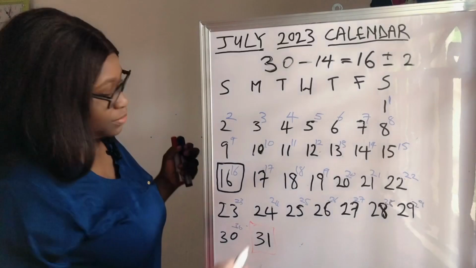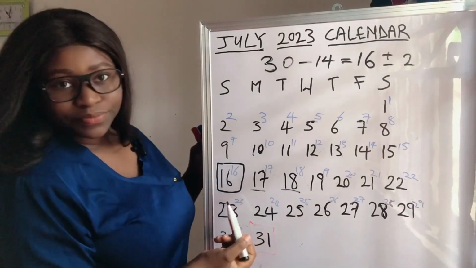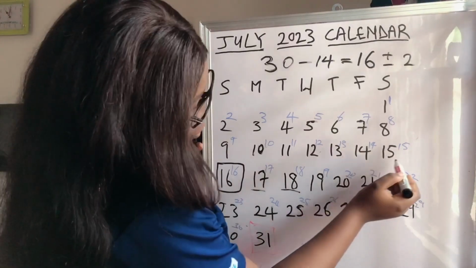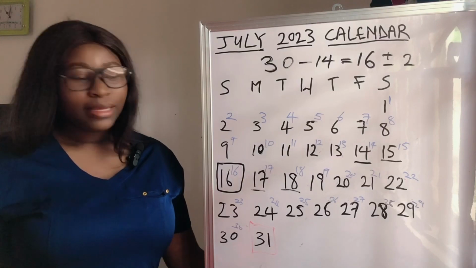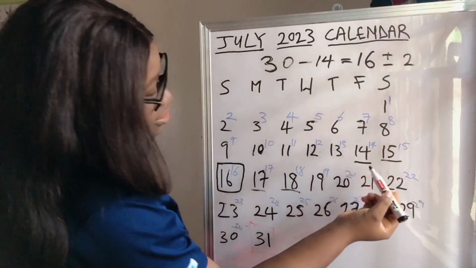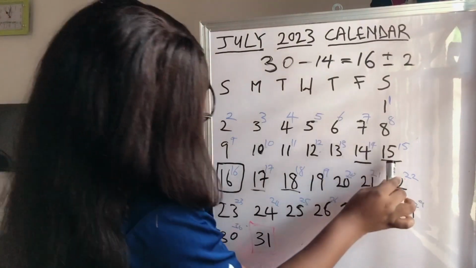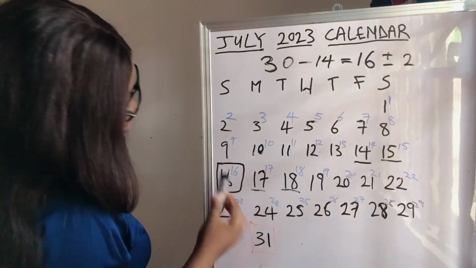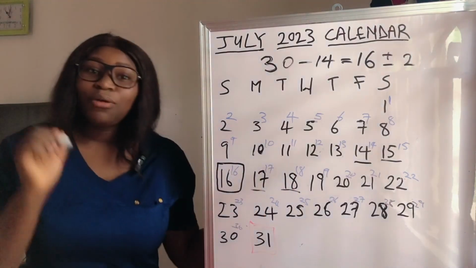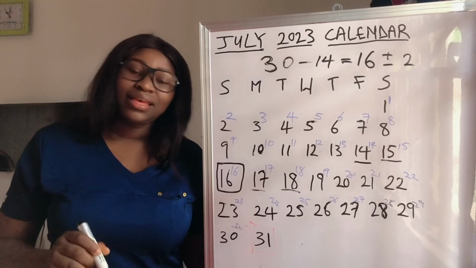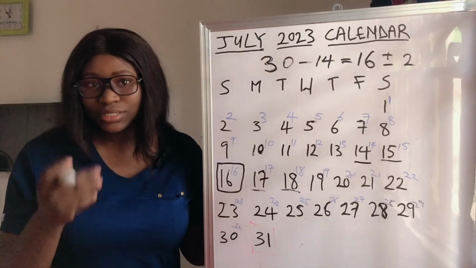Plus or minus 2 simply means you add 2 after day 16 and 2 before day 16. So that means she's likely to ovulate on day 14, day 15, day 16, day 17, or day 18. Now, because a man's sperm can last for up to 3 to 5 days in the woman's body, what do?